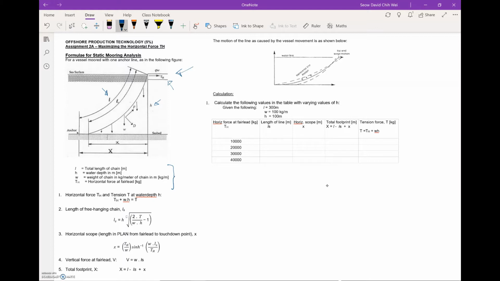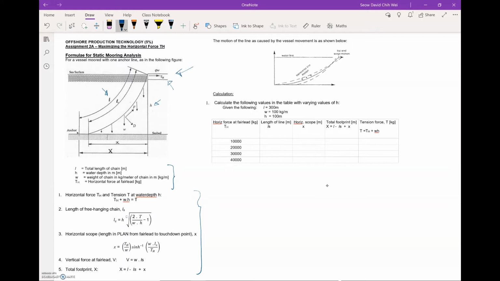So these are the various values, and formulas 1 to 5 given below are given and will help us to determine the forces and the geometry of the mooring chain.